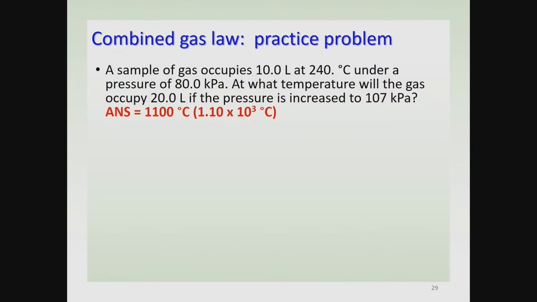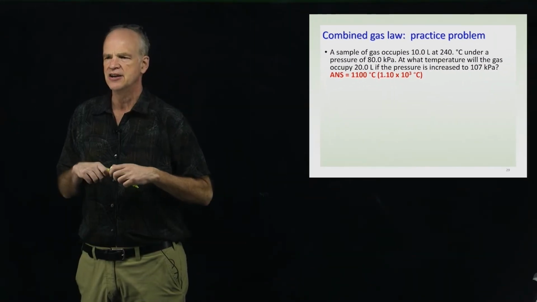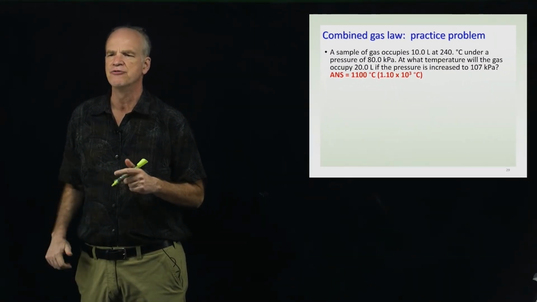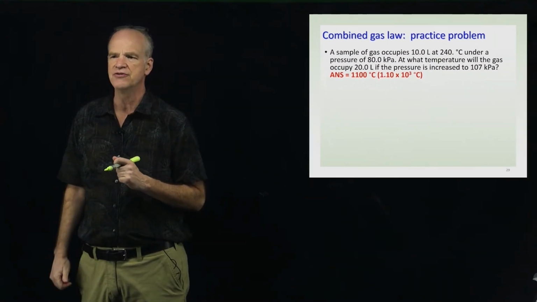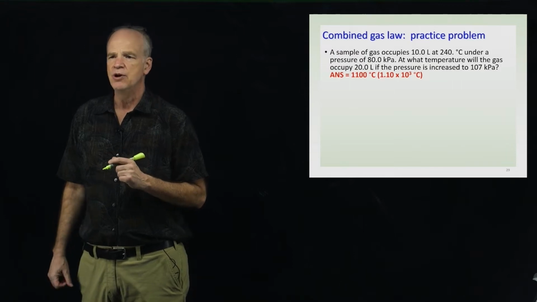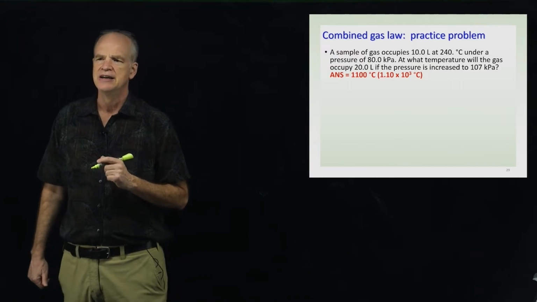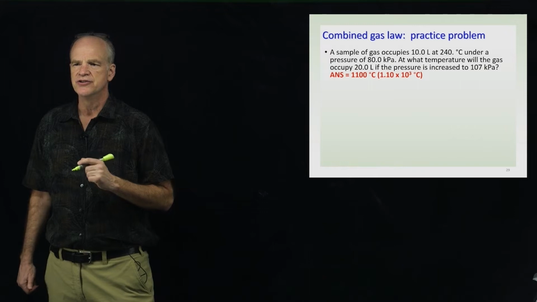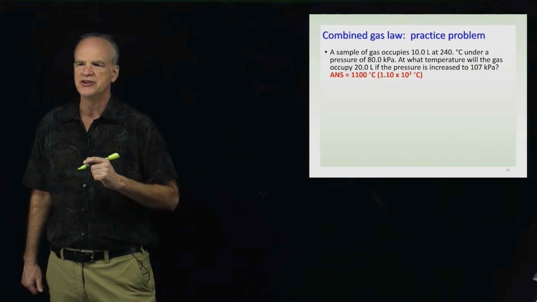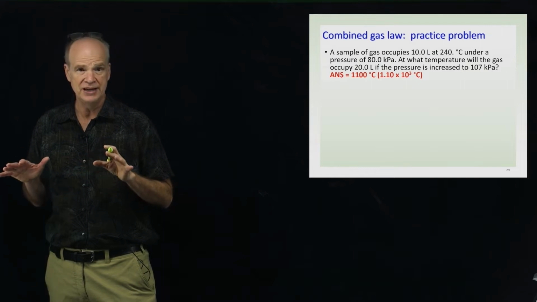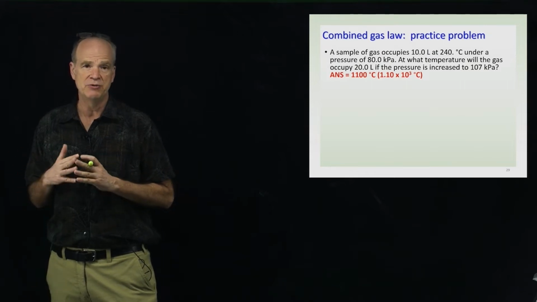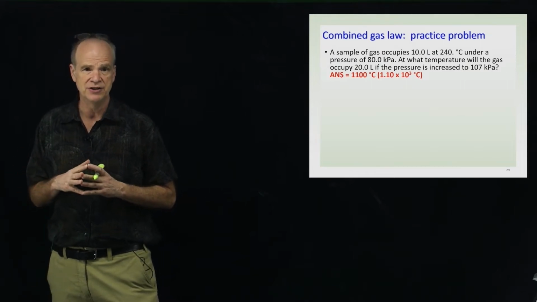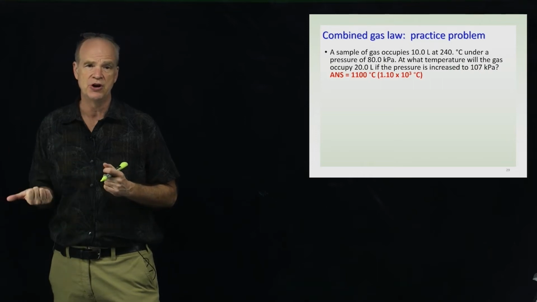Okay, so we have a gas that occupies 10 liters at 240 degrees Celsius under a pressure of 80 kilopascals. At what temperature will the gas occupy 20 liters if the pressure is increased to 107 kilopascals? Looking at this problem, we have three pieces of information, three properties, which are the volume, the temperature, and the pressure of the gas.